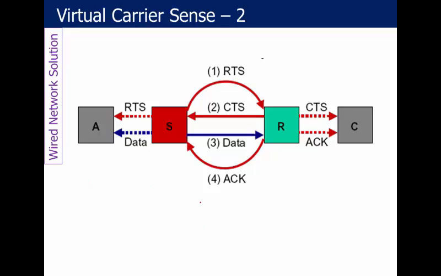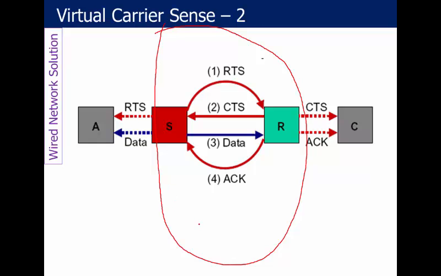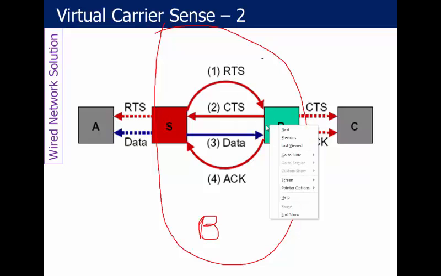Let's say you have A and C. You are here. This is you, B. B as a sender, B as a receiver. B as a sender and B as a receiver. Right?